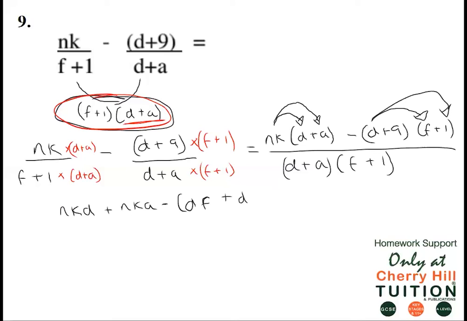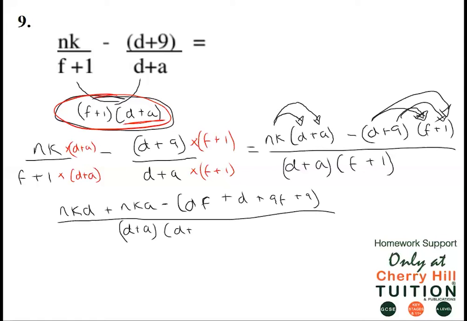And then we have 9 multiplied by f, which is 9f. And we have 9 multiplied by 1, which is 9. Okay, and that's all over (d+a) multiplied by (f+1).